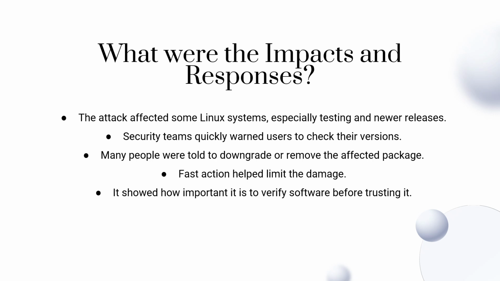The fast response really helped prevent much wider damage than it could have been. But even though the impact was very limited, the incident still showed how serious a supply chain attack can be, like I said before. It also showed why verifying software, like we learned in CS50 cybersecurity, is so important before trusting that software.